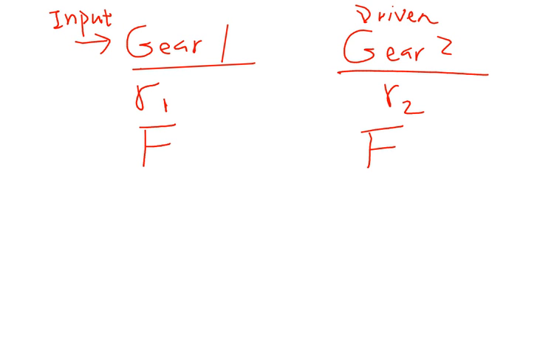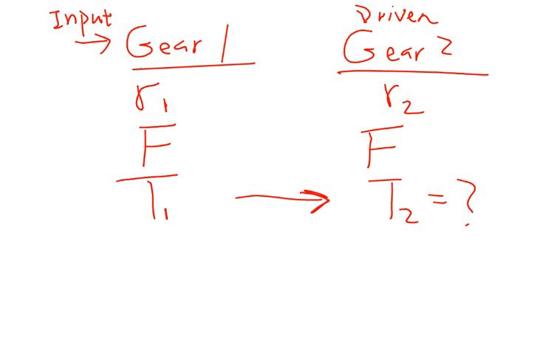Now, if I know that there's a certain torque being exerted by the motor, that means there's a torque on gear 1. I want to find how much of that torque actually gets transmitted to gear 2. So how do I determine that? Well, what is torque?